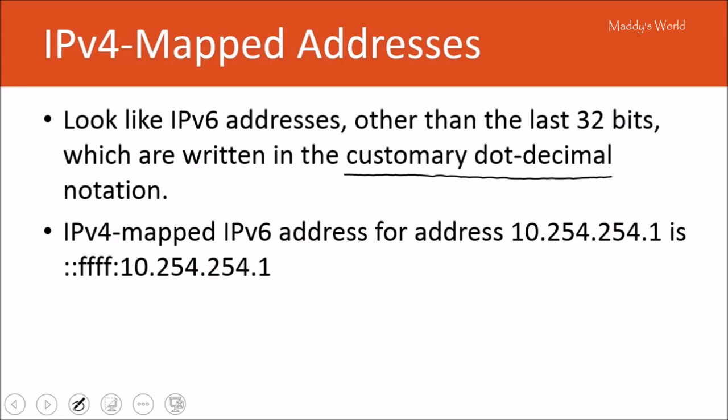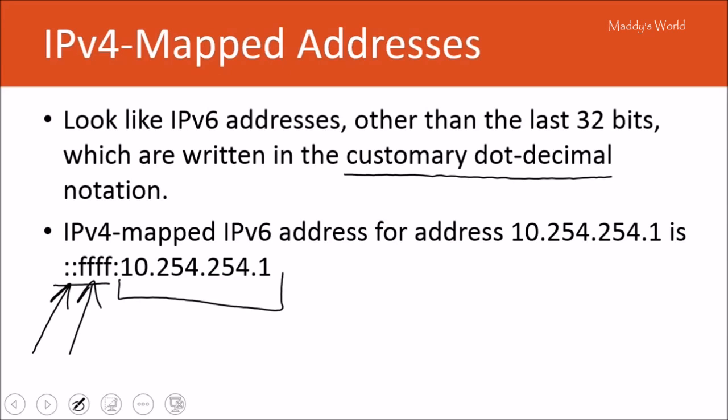And so if you look at this here, it's written with the hexadecimal characters. Note that we got those two semicolons showing us condensing, right? And then we just feature the IPv4 address for the last portion of that IPv4 mapped IPv6 address.